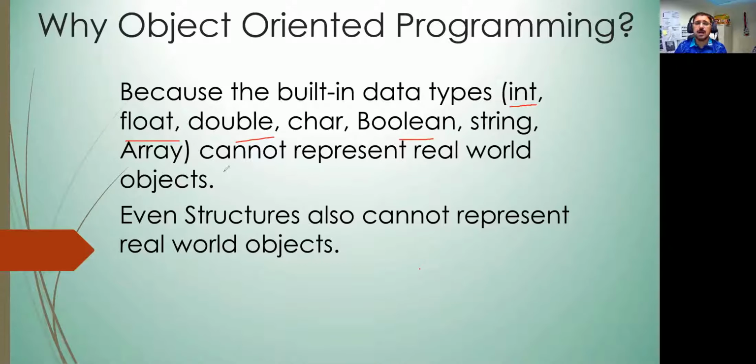But real world objects in this universe do not only have properties like name and address. For example, in the case of a student, a student has a name, address, age, gender, year of study, but the same object has functionality also.